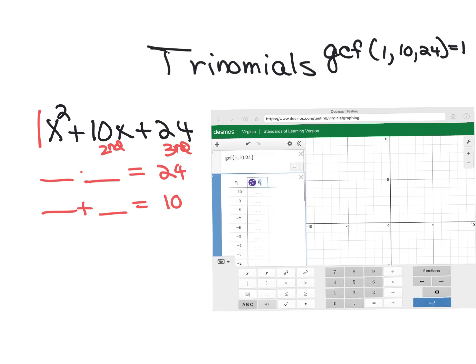All right, I'm going to scroll up to the top, and where you see Y1, you are going to, in your table, put the third number divided by x1, and that in this case is going to be 24 divided by x1.